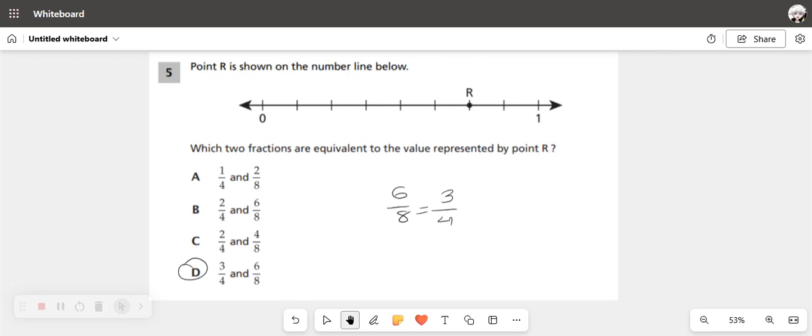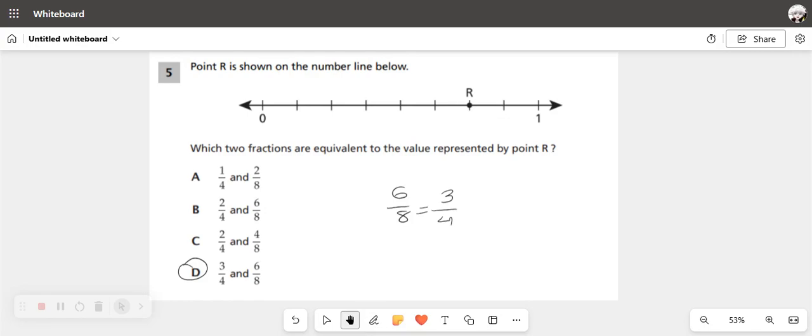So we can tell that there are 1, 2, 3, 4, 5, 6, 7, 8 tick marks in total from 0 to 1, meaning that each tick mark represents 1/8, and R is on the 1, 2, 3, 4, 5, 6th tick mark, meaning R represents 6 out of 8, and an equivalent fraction to 6 out of 8 is 3/4 because you have to divide both the numerator and the denominator by 2. So that gives you D as the correct answer for question 5.